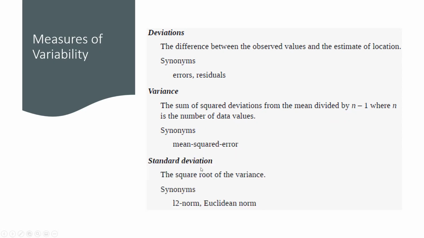And once you have this variance, standard deviation is nothing but the square root of the variance. Almost all of these three are related. Since standard deviation is the square root of the variance, it will always be positive.